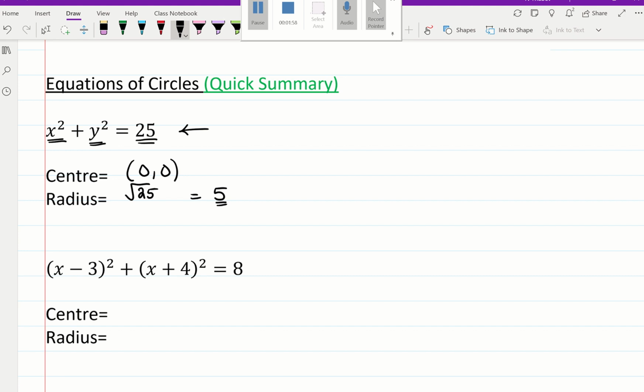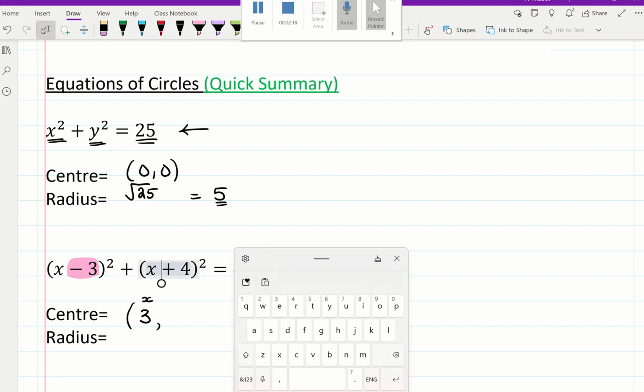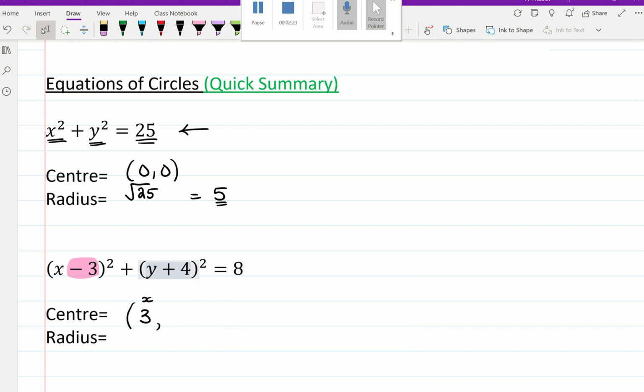This is a longer equation. Whatever the number next to x is, and this is a -3, the center, the x coordinate, is the opposite of that. So it'd be a +3. And then I look at, this should be y rather than x. So let's put that here, y, that's better.